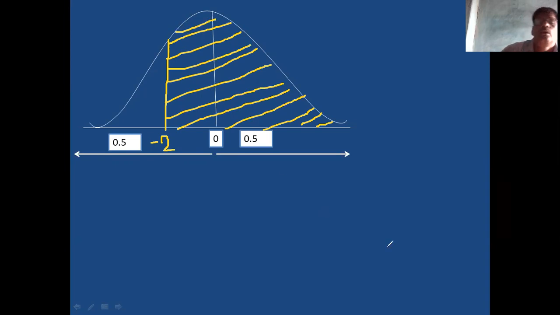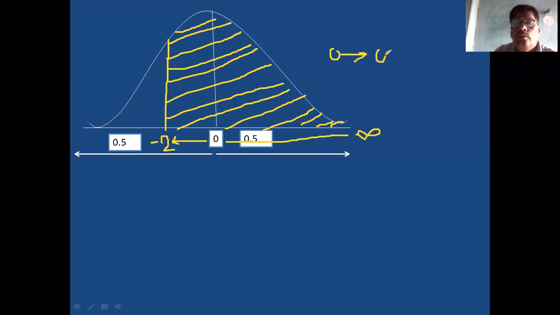Then what is the value in the graph? Here also there are two parts. One is 0 to minus 2, one area, and another is 0 to infinity, the last border. 0 to infinity is 0.5.